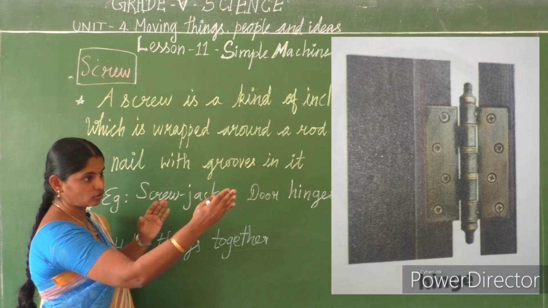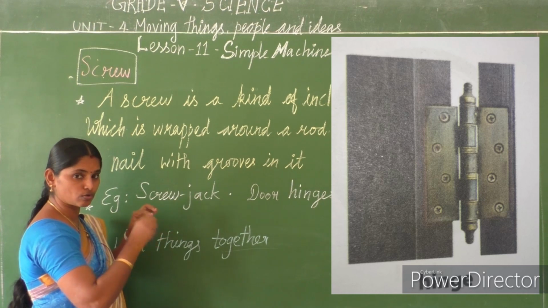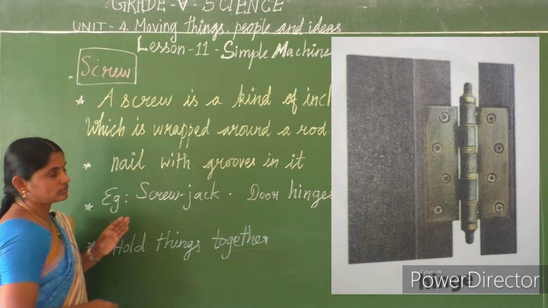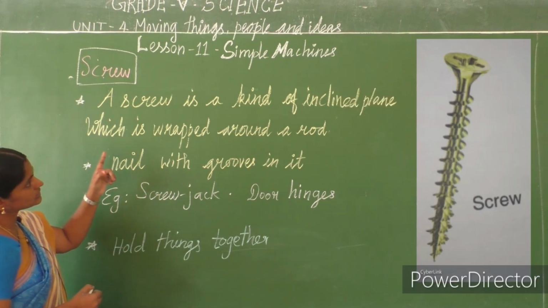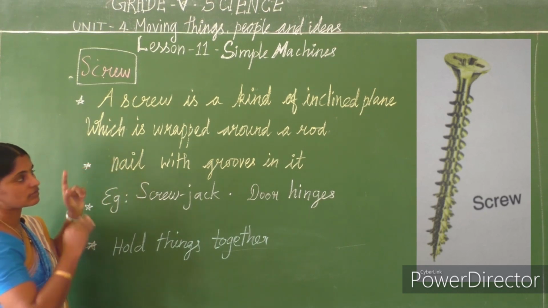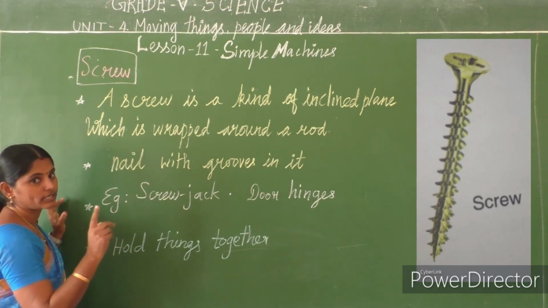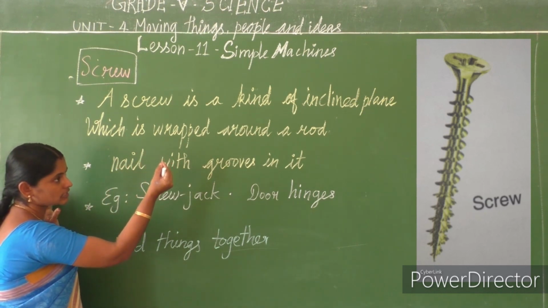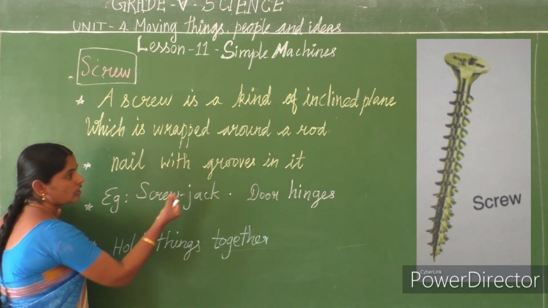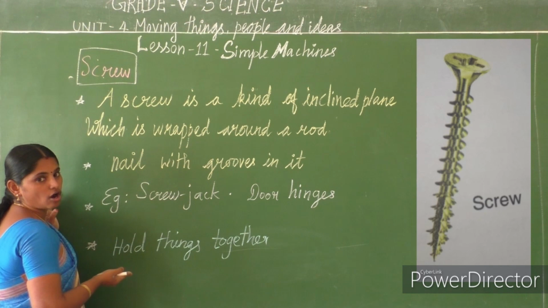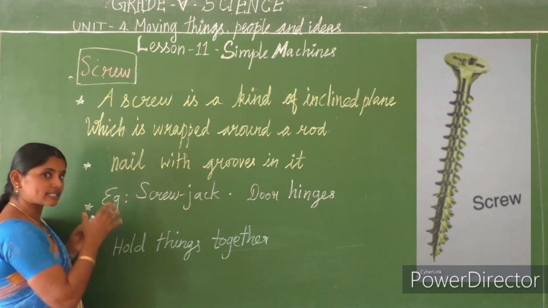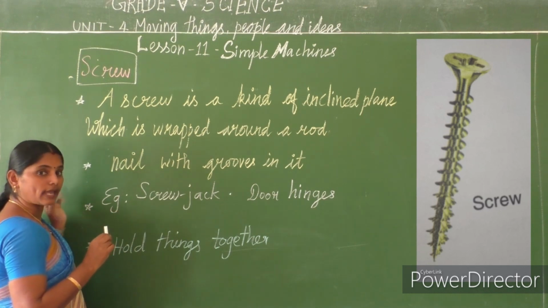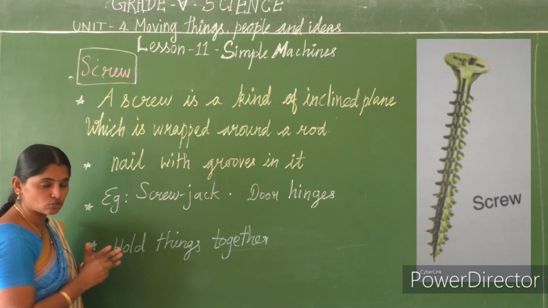Then in door hinges and all, have you noticed a screw is fixed? So a screw is a kind of inclined plane which is wrapped around a rod. In the activity I will explain it very clearly. For now, simply know that it's a sloping surface wrapped around a rod. It looks like a nail, and a nail also helps to hold things together.